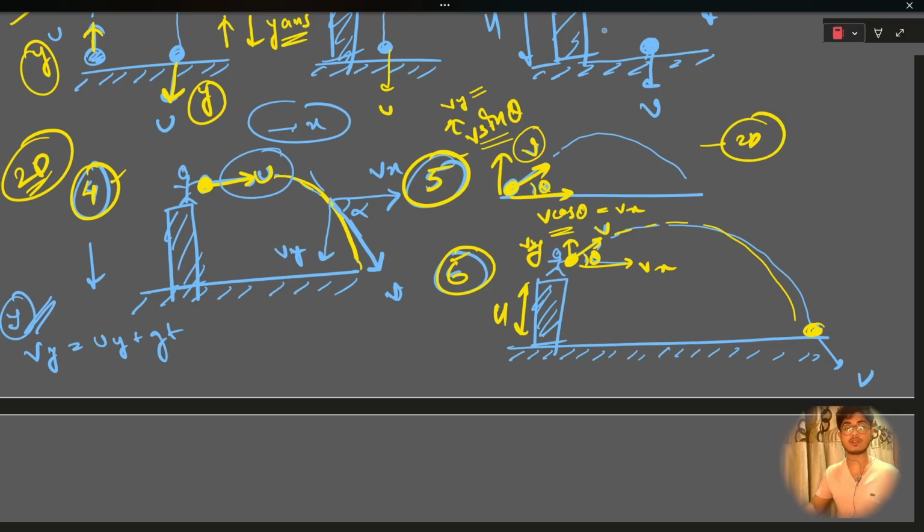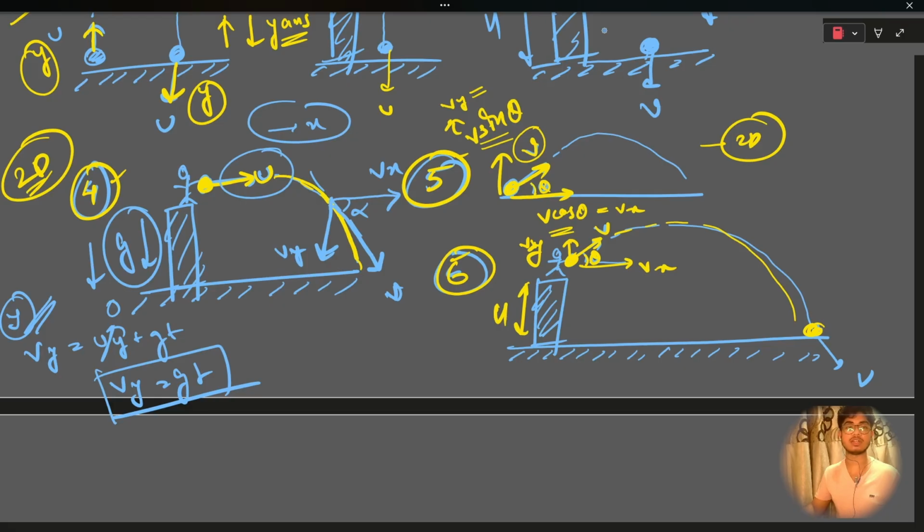That is, the horizontal velocity is u, and the initial vertical velocity is 0. So Vy equals gt. Basically, Vy will be acquired because there's acceleration in the downward direction, that is gravitation. Initially there was only velocity in the x-axis, but finally, due to gravitation, Vy will be acquired.